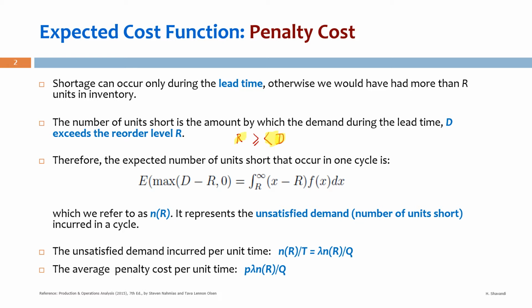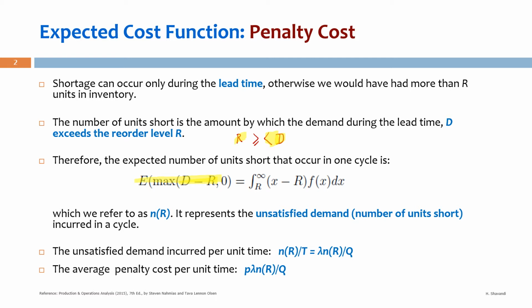So in order to calculate the expected number of units short, we need to write this expression: the expected value of the maximum between D minus R and 0.